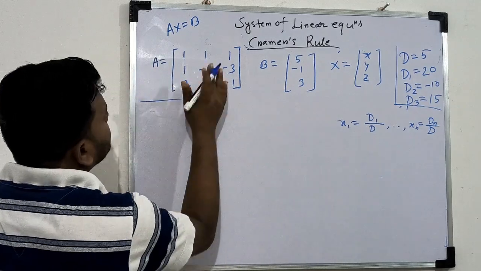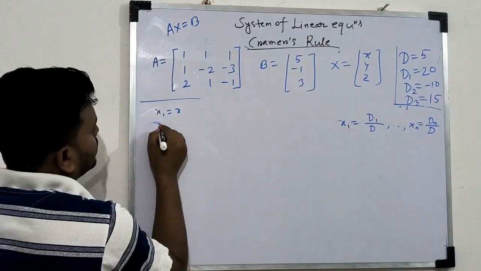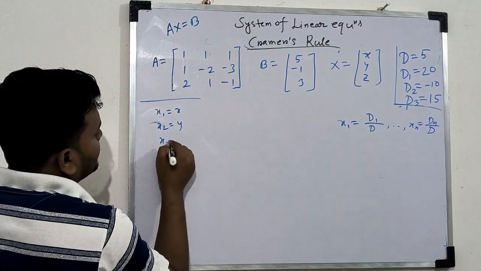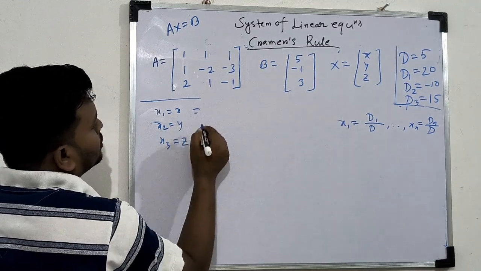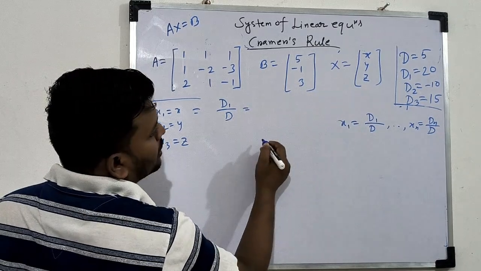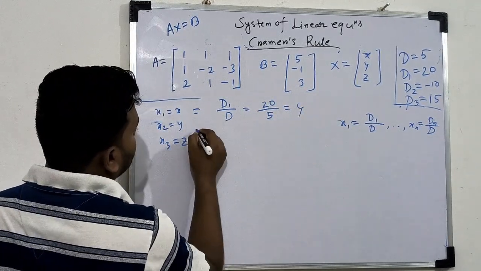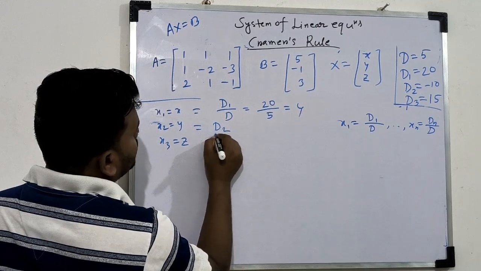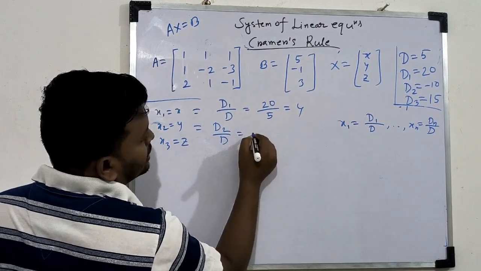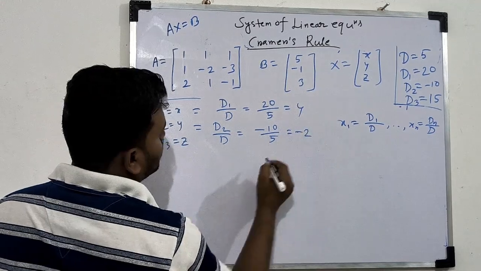So in this example, x1 equal to x, x2 equal to y, x3 equal to z. So x is D1 by D, that is D1 equal to 20, D is 5, so this will be 4. In this case y is D2 by D, so D2 here, minus 10 divided by 5, so this will be minus 2.